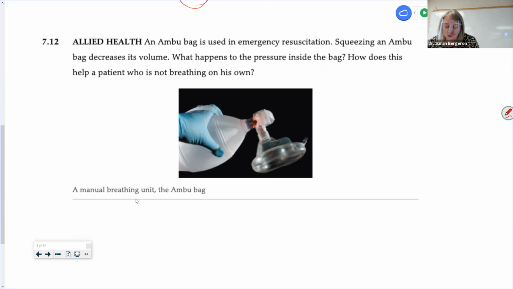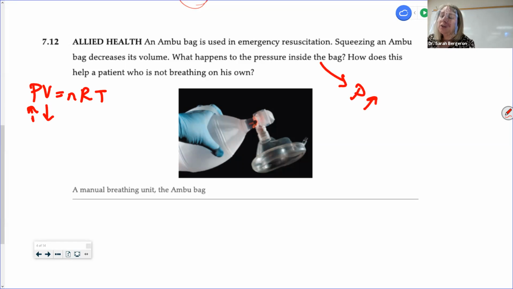So if I decrease the volume, P1V1 equals P2V2 or peas and vegetables on the table? P1V1 equals P2V2. Okay, so if we decrease the volume, what happens to the pressure on the inside of the bag? Increases the pressure. So what happens to the inside? Pressure increases.